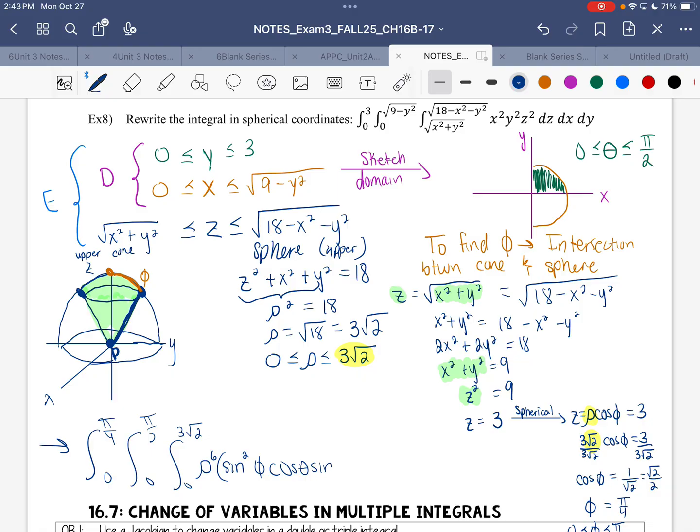And cosine theta, sine theta, cosine phi squared. And then rho squared sine phi d rho d theta d phi.